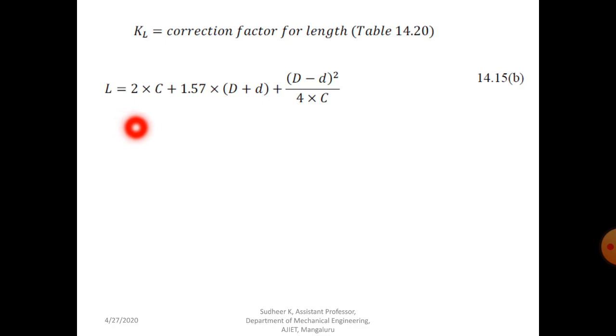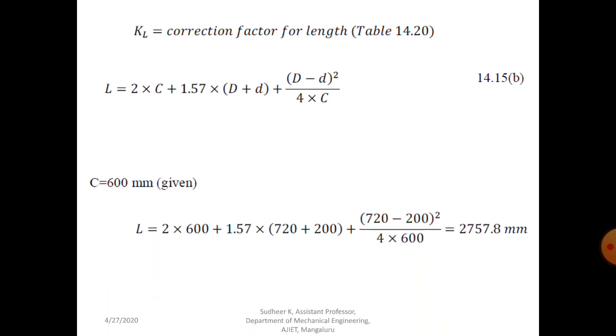Now first calculate pitch length with the help of equation 14.15b. So this equation is based on C, D and d. So all the values are known. C value is 600 millimeter, capital D value you just now calculated, and small d value is given in the problem. Now we'll substitute one by one.